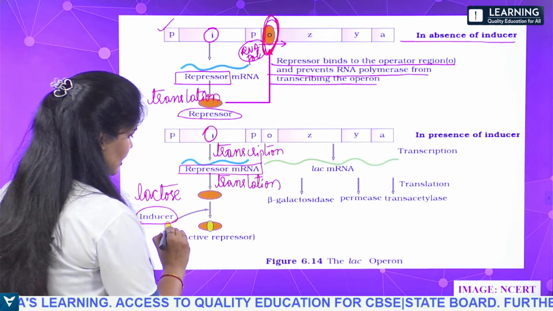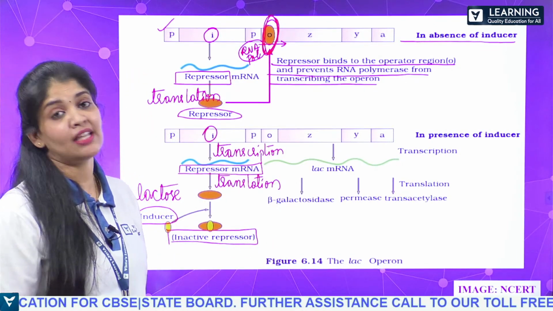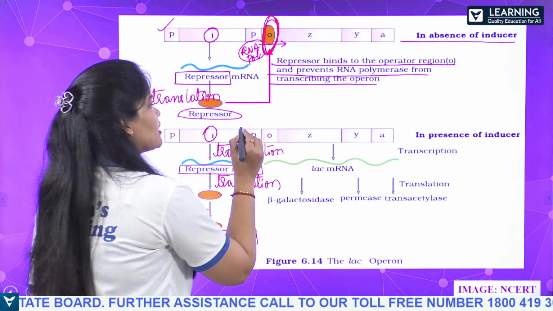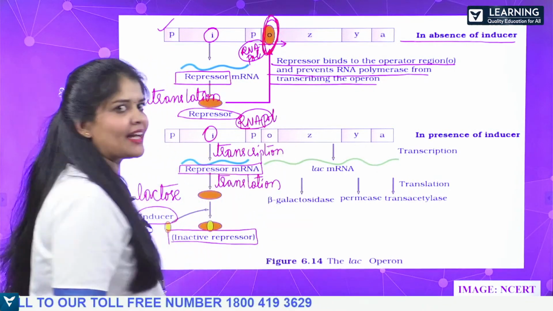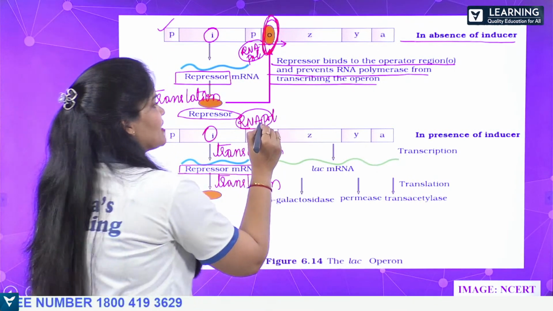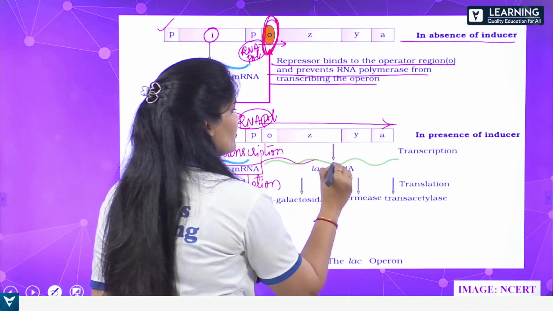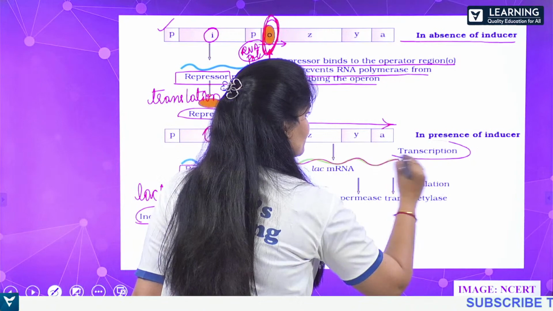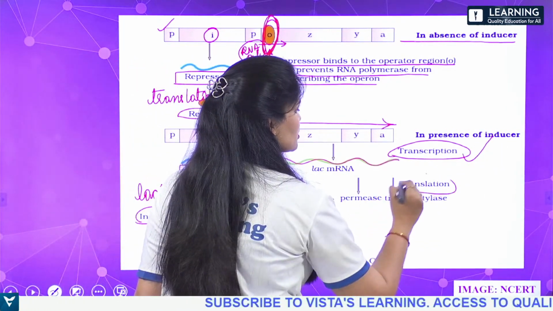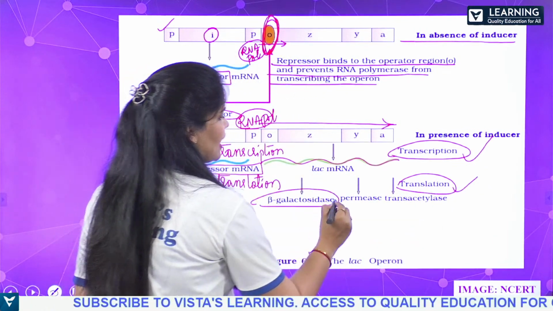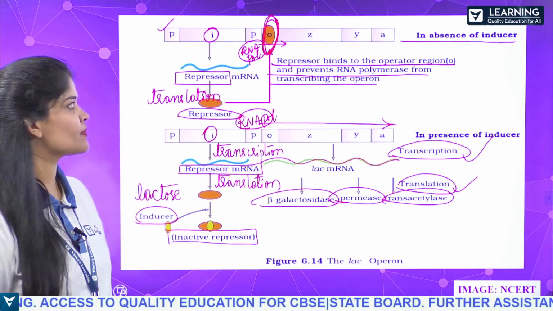Therefore, the repressor converts into an inactive repressor. Now this inactive repressor is unable to bind to the operator. The promoter region is free, where RNA polymerase identifies the promoter sequence and proceeds towards transcription. Once transcription is done, we have lac mRNA, which proceeds towards translation to produce enzymes, which will be useful for the metabolism of lactose.